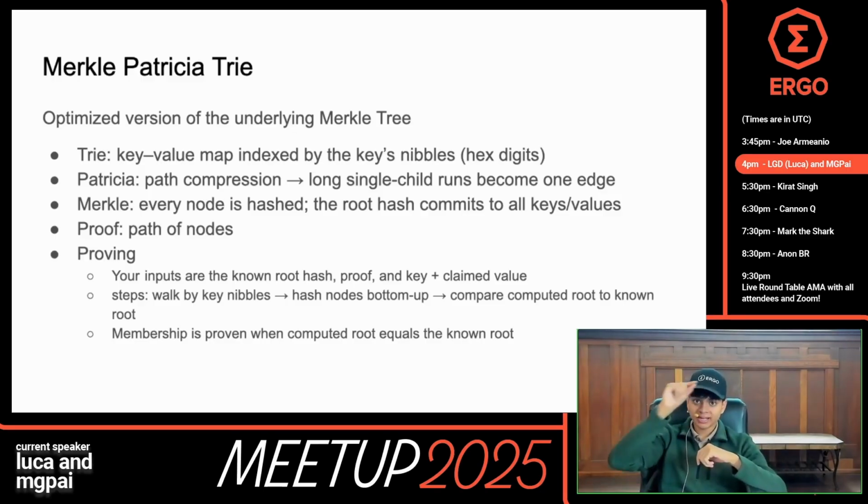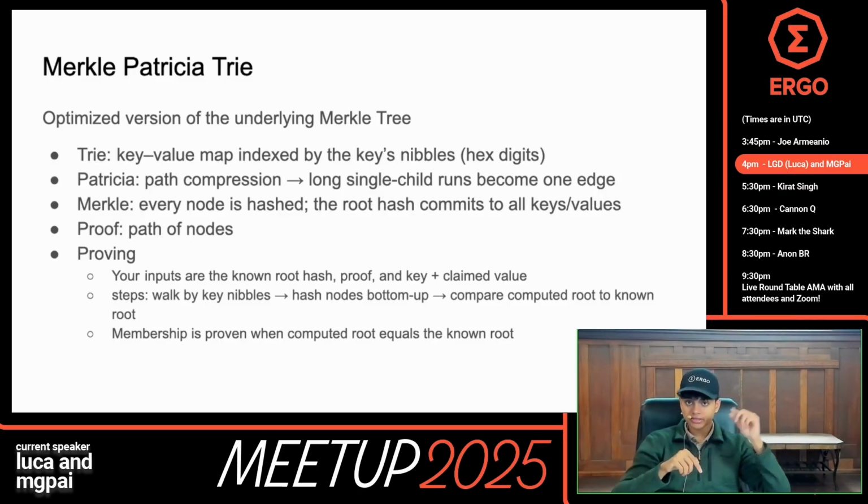So you provide that path. And then you provide the key and the claimed value, right? So you walk through the tree from the root node until you get to the key, and then once you reach the value, you stop, and then you compute the root hash from that traversal, right?